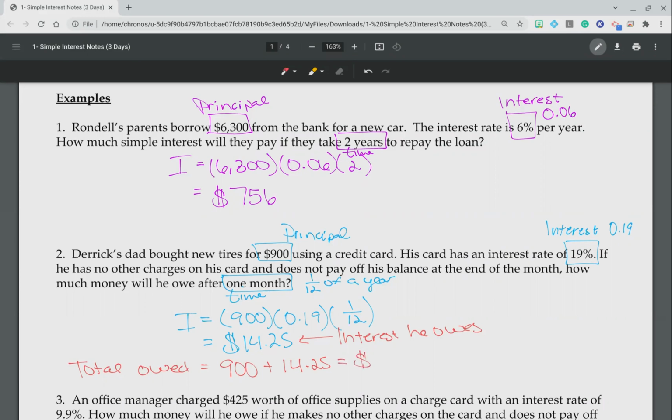So the total that he owes is actually going to be $914.25. Again, borrowing money is not free. Derek only borrowed $900, but since he didn't pay that back before the end of the month, now he has to give them back $914.25. He was charged $14.25 for borrowing that money.